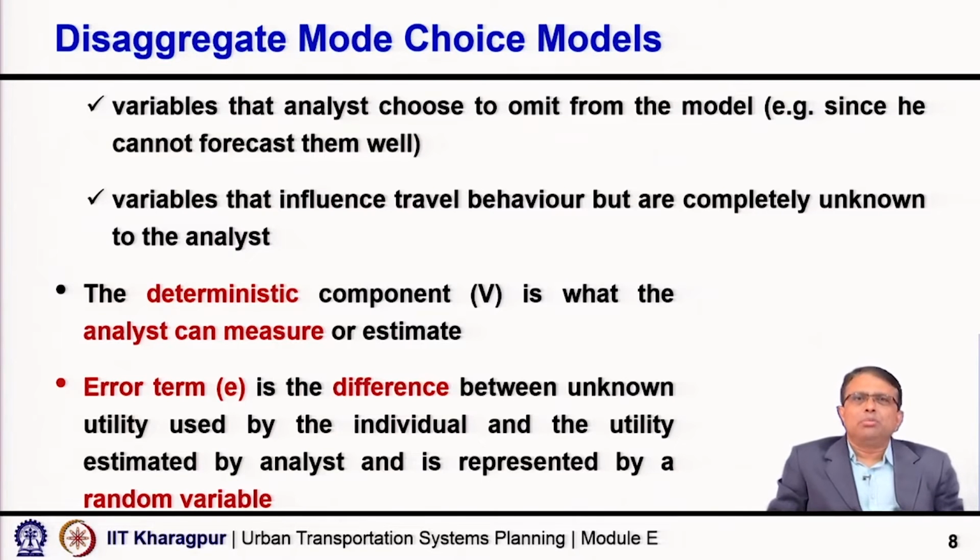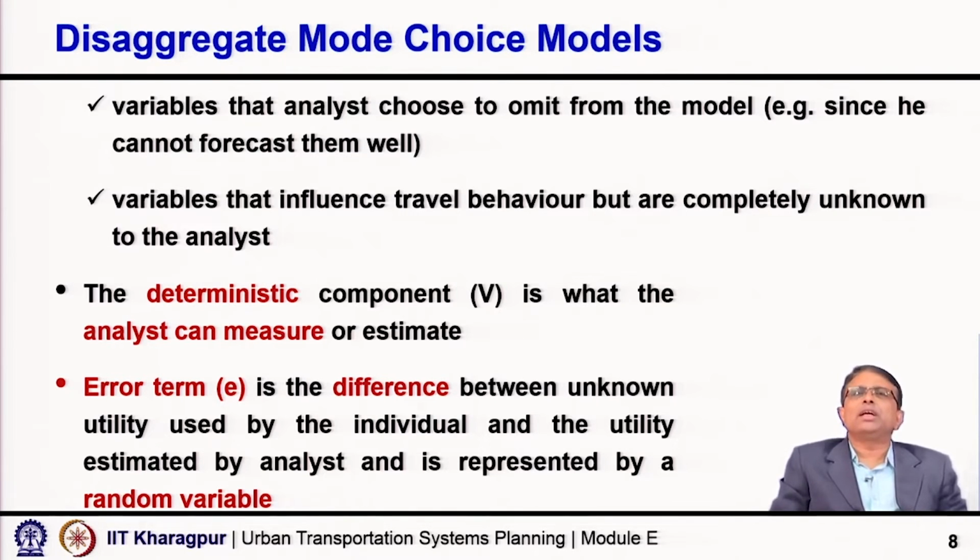Second, variables that analysts choose to omit from the model. That means, we intentionally choose to leave them out of the model since we cannot forecast them. For example, the day to day variation I gave you. One day I am not feeling well, so maybe instead of traveling by bus, I travel by car, or by taxi if I do not have a car, or the car is not available.